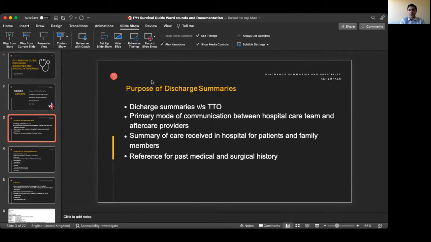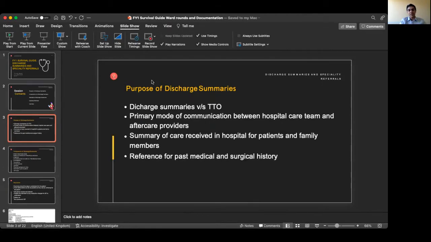Whereas TTO means to take out. TTO is usually the section following the discharge summary, which includes any medication changes or any list of medications which the patient is on, both for the patient and for the GPs to be aware of. Usually TTOs come off automatically when you print a discharge summary.